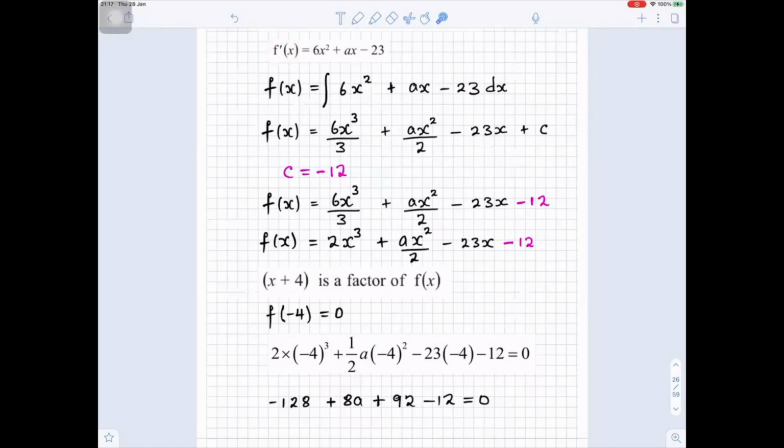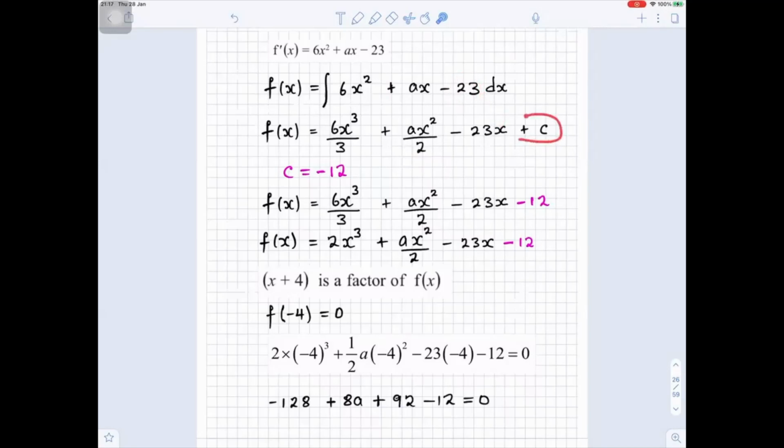When you integrate, you get back to the function. So you integrate 6x squared plus ax minus 23. Integration, add 1 to the power, 2 plus 1 will give you 3, and you divide by the 3. So 6x cubed divided by 3. ax to the power 1, add 1 to the power, it becomes 2, and divide by the 2. And when you integrate a number on its own, you just add x.